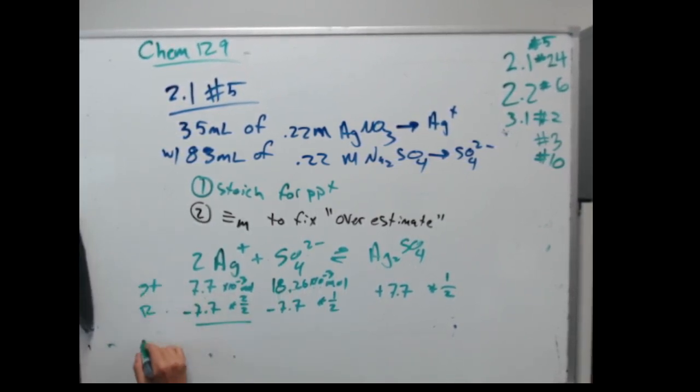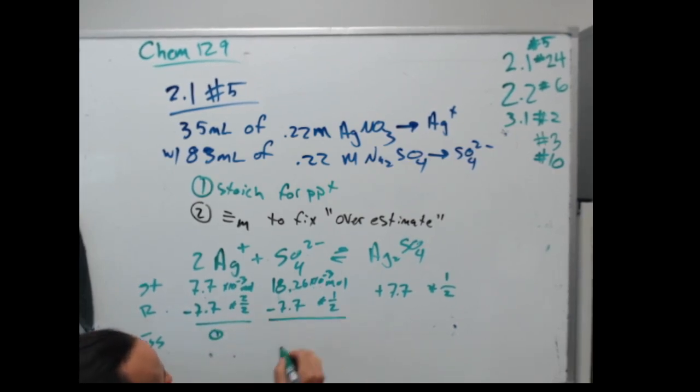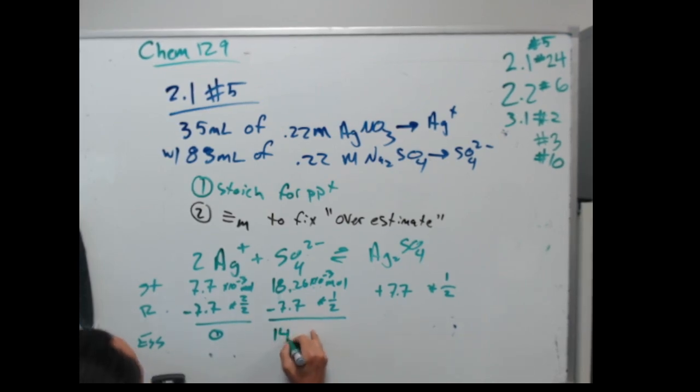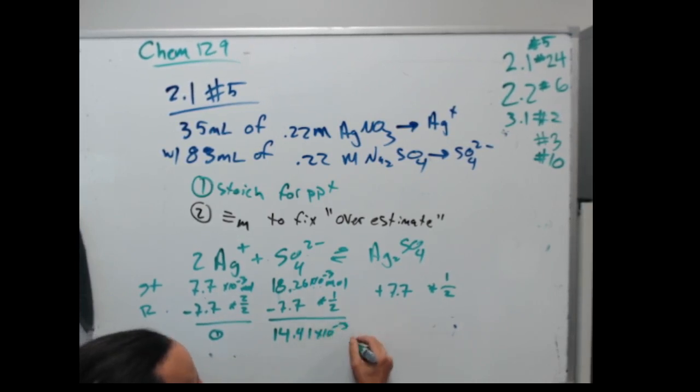Always label the table so we don't get confused between stoichiometry and equilibrium. Start, reaction, excess, I've got 0 excess there. 18, okay, so what is, oh, I'm just going to punch it into my calculator. Minus 7.7 times 10 to the minus 3 divided by 2. This is going to get us 14.41 times 10 to the minus 3.